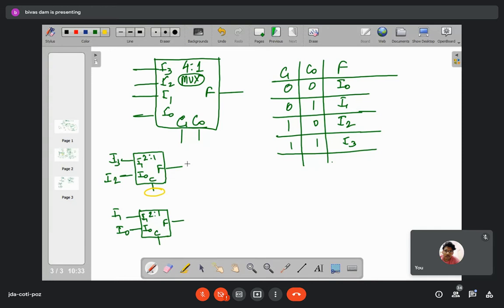Now from this truth table, to select one of I2 or I3, which control input is of importance? C0. Can C1 have any control over it? No, because C1 is the same for both the cases. It is only C0 which decides whether I am going for I3 or I2.